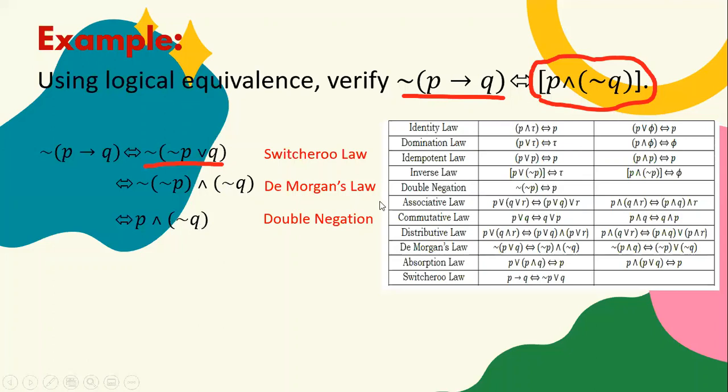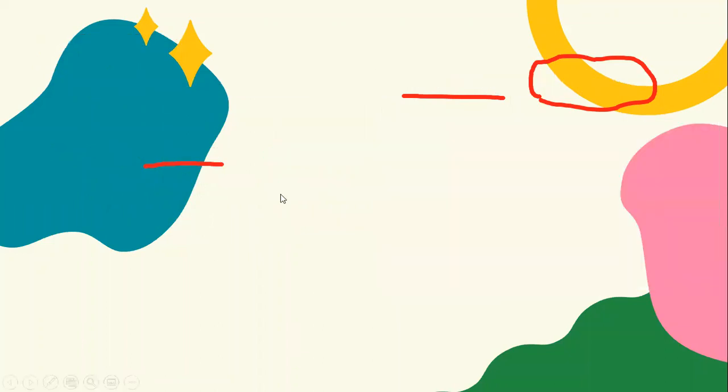So ibig sabihin, ayan na. Napalabas na natin that P and the negation of Q is really logically equivalent to the negation of P then Q by using the different laws on logical equivalence. Okay po. Meron pa ba akong isang example?